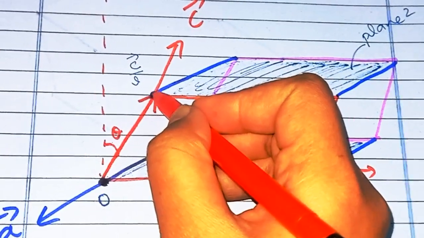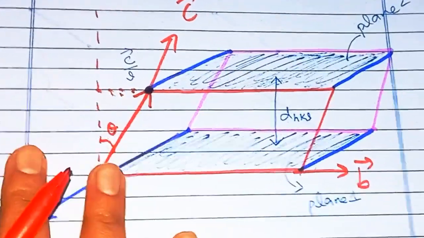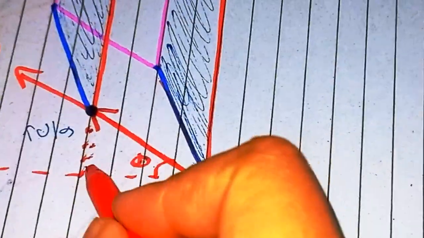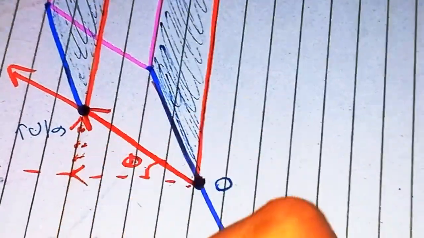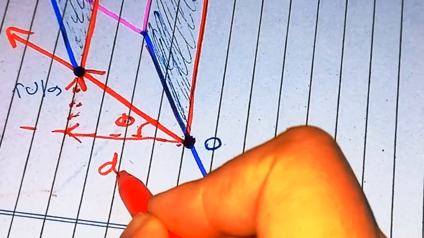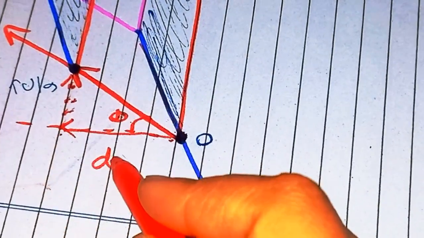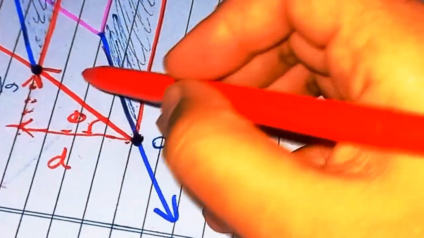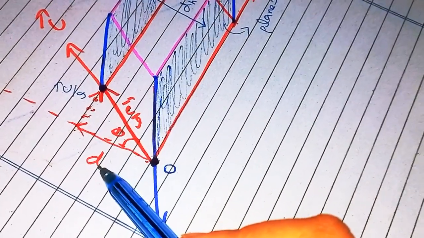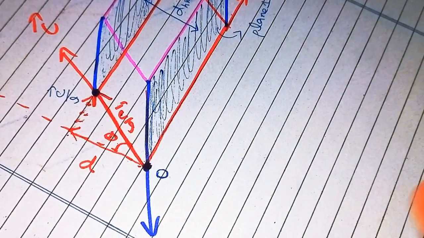The projection of c by l on this reference line gives us two components, one horizontal and the other vertical. This horizontal component is the perpendicular distance between this point and this point. This is actually the perpendicular distance, which is the interplanar spacing. Hence, we can see that d is actually the horizontal component of the c by l vector.